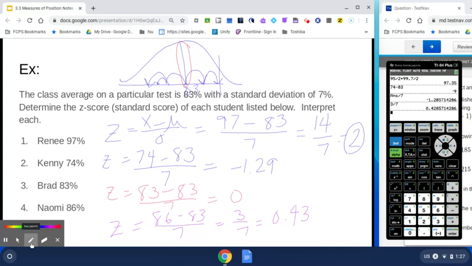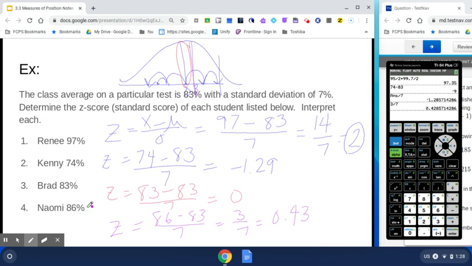Naomi had a z-score of 0.43. So she's above the mean, but she's not to one standard deviation above the mean. She's a little less than a half of a standard deviation above the mean. So she would be like right there on our distribution, that purple line.